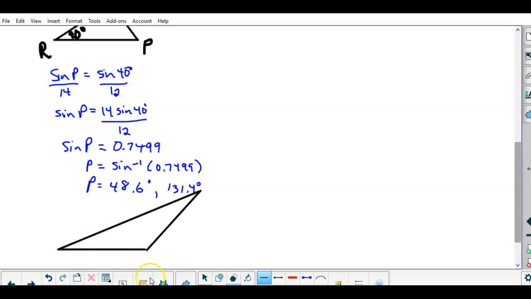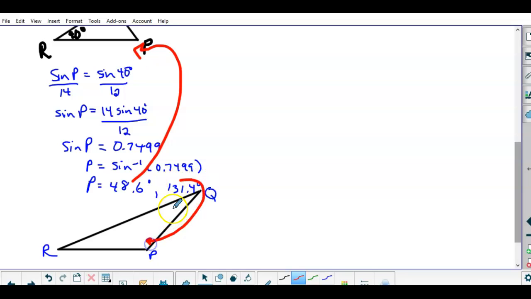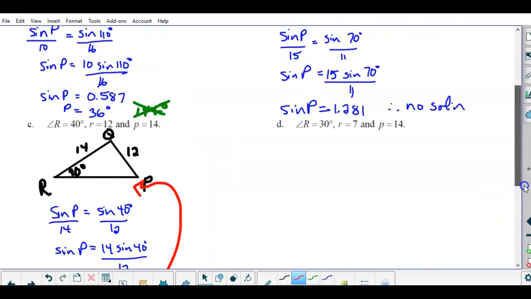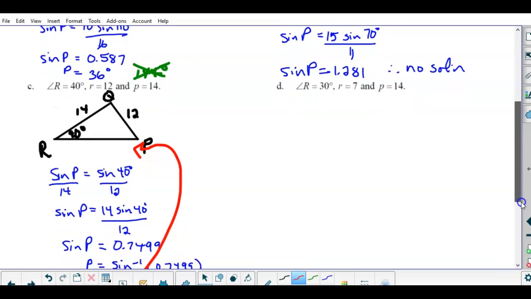So this would be your R, your P, your Q. And so here, this one goes for this diagram, and this one goes for this diagram. So you might not draw both diagrams right away, because you don't know yet if you don't consider the sides. Okay.